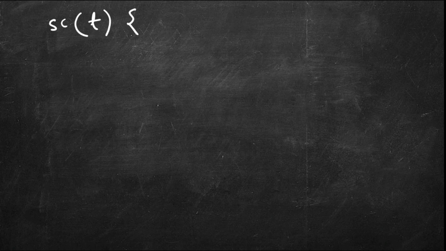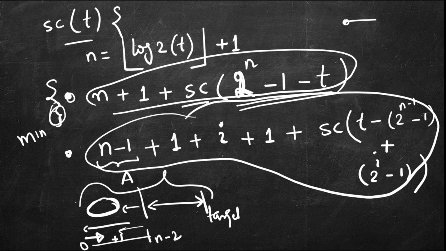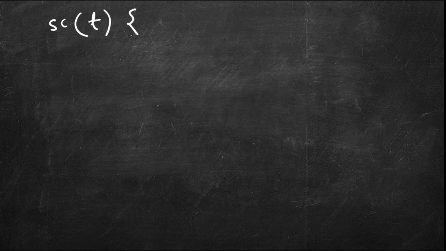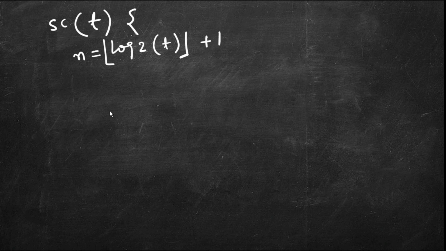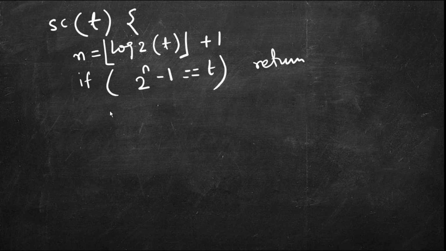SC of t. So we can find the number of digits first. The function is log2 t, and we can take the floor function. The function name is also floor in C++, plus 1, and then we check if 2 raised to the power n minus 1 is equal to target, then simply return t.